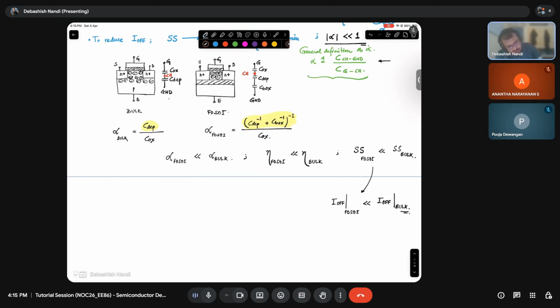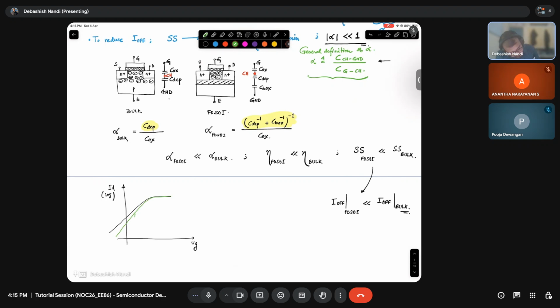So basically if I plot ID-VG in log scale, and I have a bulk MOSFET like this, how will my FDSOI look like? FDSOI looks something like this.